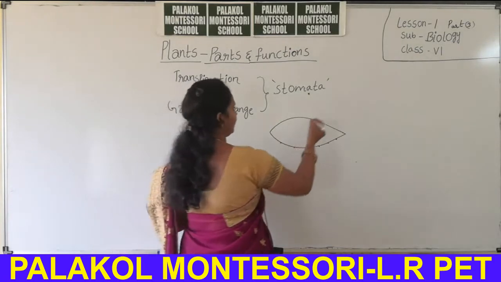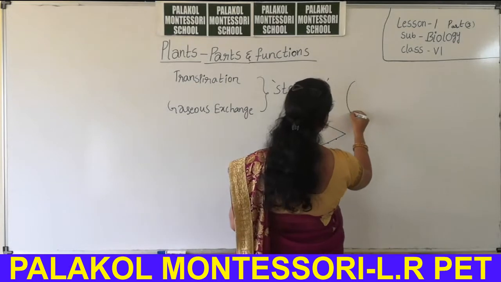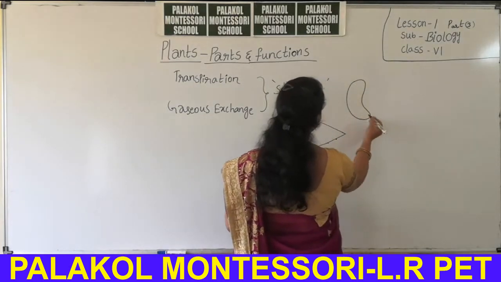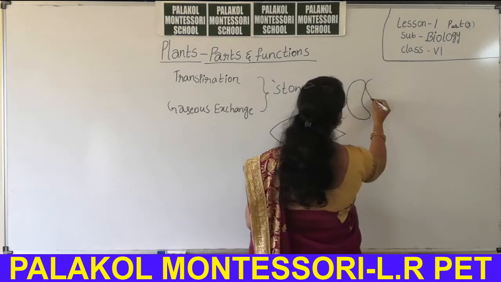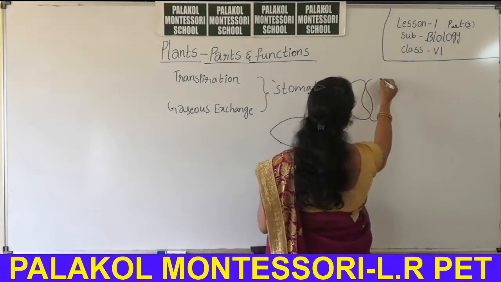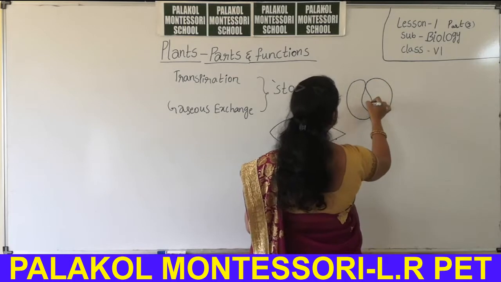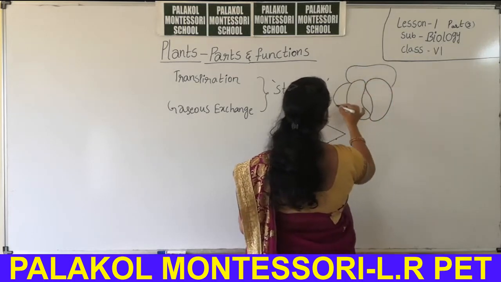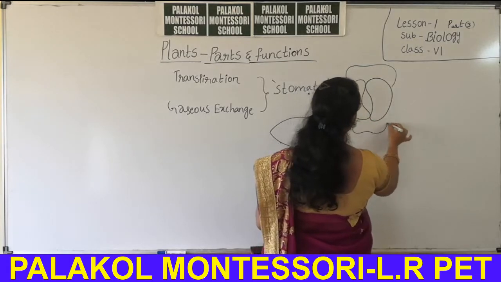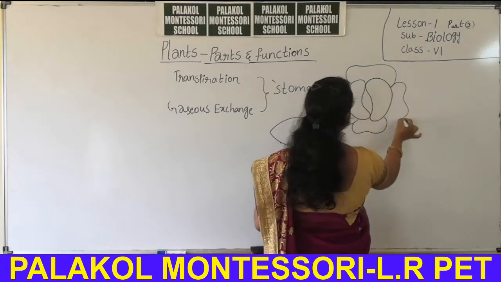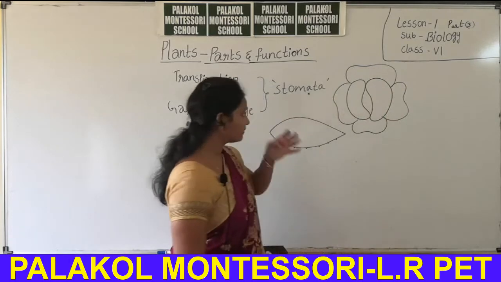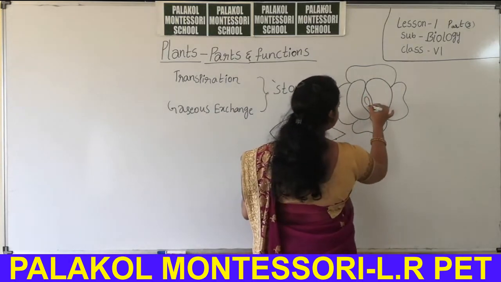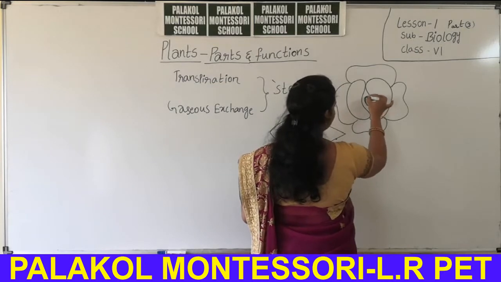Stomata are bean-shaped structures guarded by a pore. That means this portion is called a stoma.